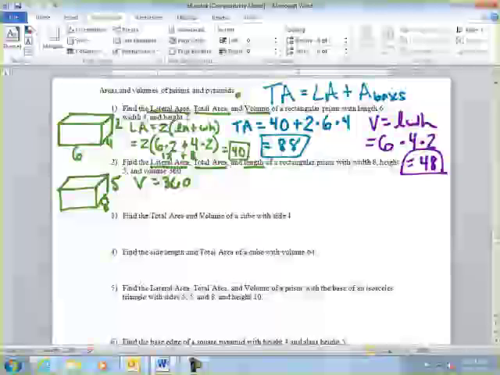If volume is 360, what's our volume formula? Length times width times height. Well, we know the width is 8 and the height is 5. We don't know the length, but that's what we're solving for. How do we solve for it?